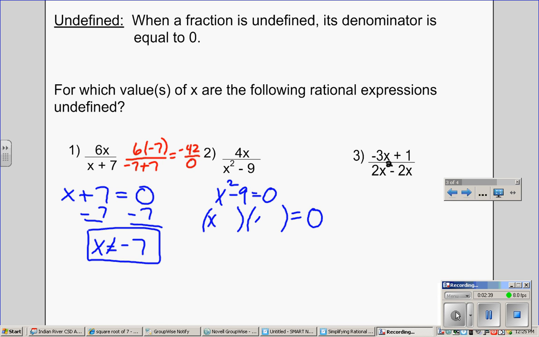X times x gives us x squared. 3 times 3 would give us 9. We need it to be negative, so we have one plus, one minus. So one of our answers, x cannot equal 3, or x cannot equal -3. There's going to be two answers because there are two factors.